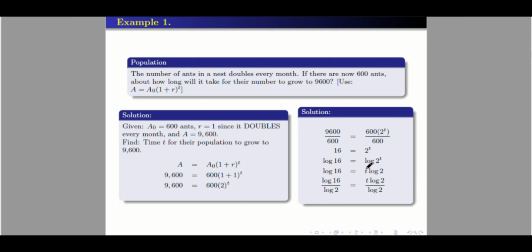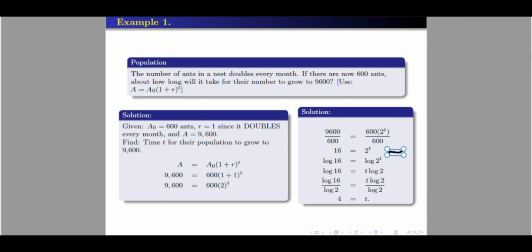Since we want t only, we can divide both sides by log of 2. So we can cancel that. Therefore, we have log of 16 over log of 2. When you use your calculator, it is equal to 4. Meaning it will reach 9,600 after 4 months, because our time here is in terms of months.